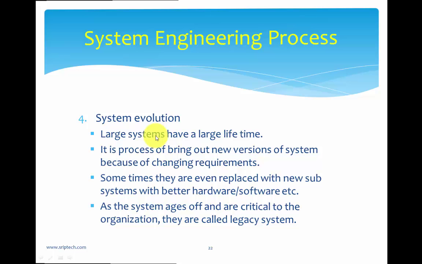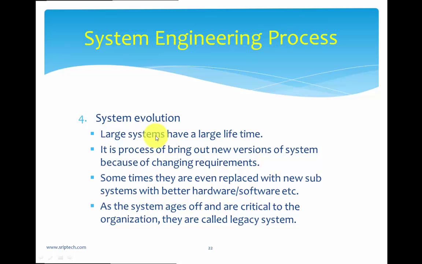That means you are actually increasing the capacity of the system day by day or month by month, depending upon how frequent that particular requirements come to you. Okay, sometimes what happens is now there are no requirements at all, and the system becomes a very critical factor of that particular organization. They cannot live without it.